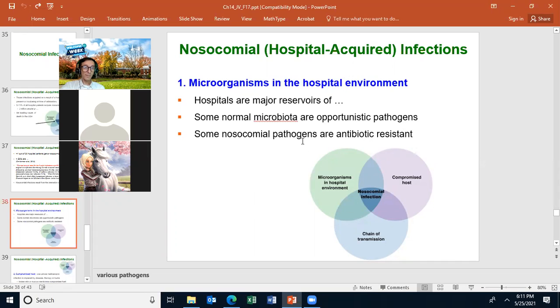Any question about the first reason why we have nosocomial infections? And that is simply microorganisms will always be in the hospital, and then hospitals are major reservoirs of nosocomial infective agents.